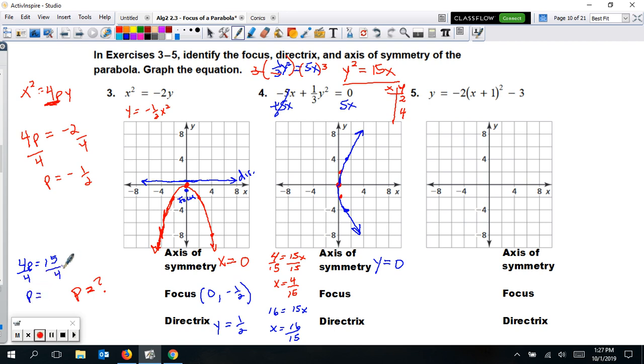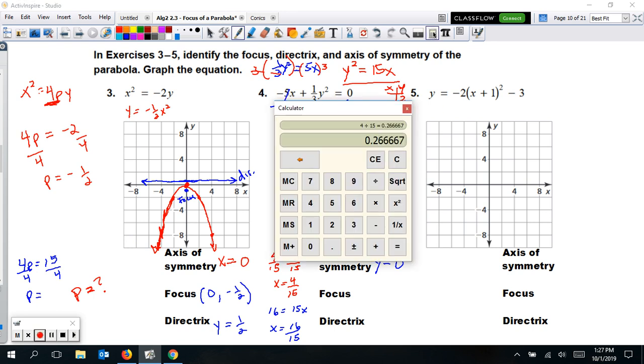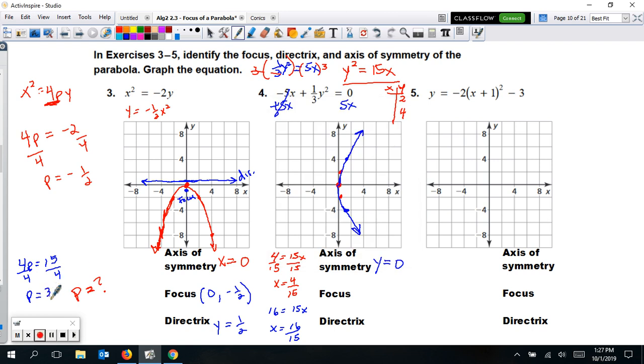So p is equal to 15 over 4. Let's make a decimal out of this. 15 divided by 4, that might be better to see it as 3.75. So 3.75 is our p distance.